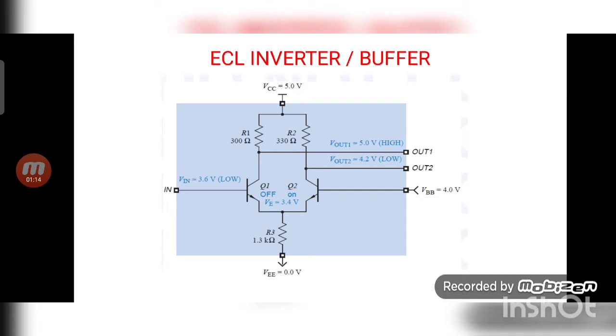The schematic of the ECL inverter or buffer is shown in the figure. It consists of a differential arrangement.